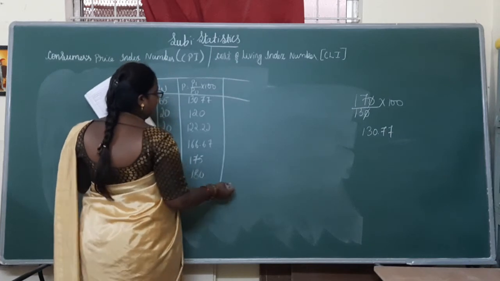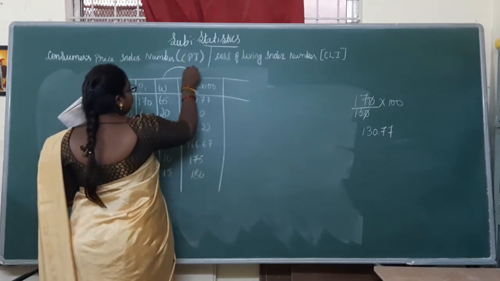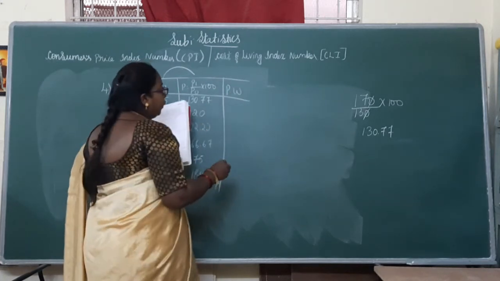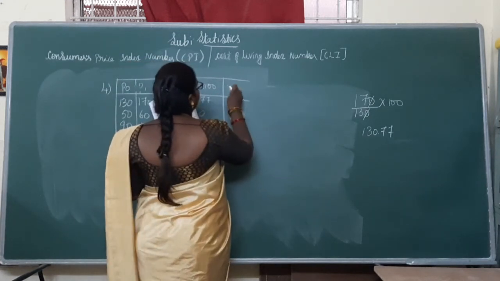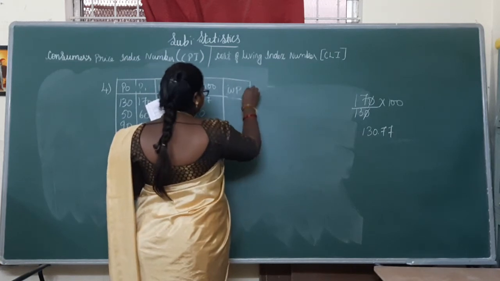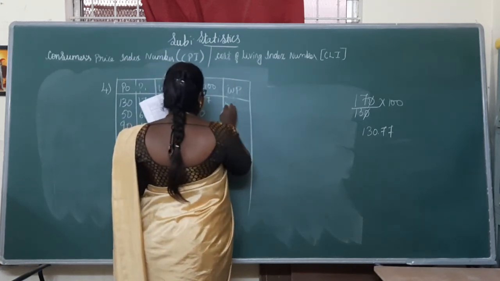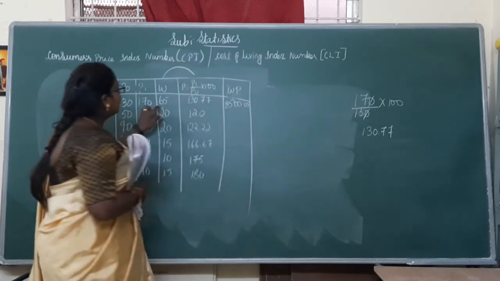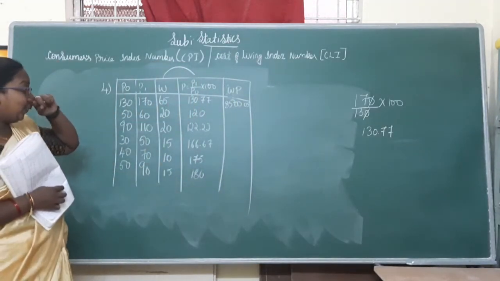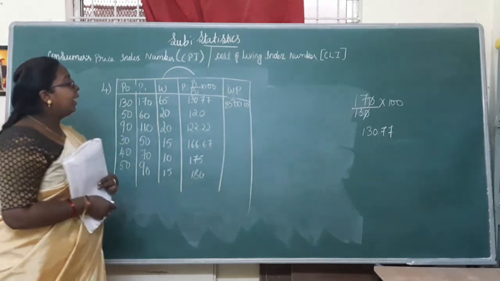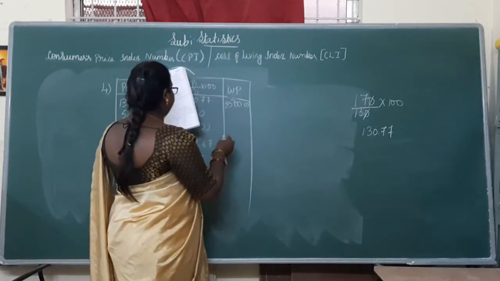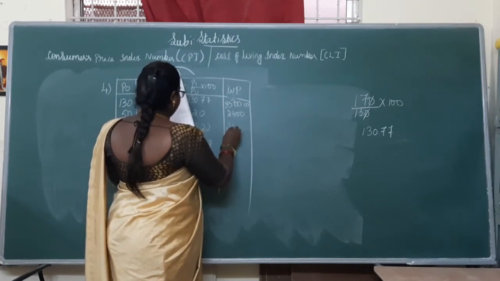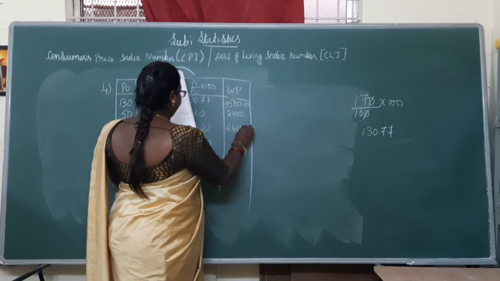Now I got my P. I need to multiply my price with weight. So P into W, or WP, you can write both. I will get 8500.05, that is 65 into 130. Then 2400, again 2444.4.